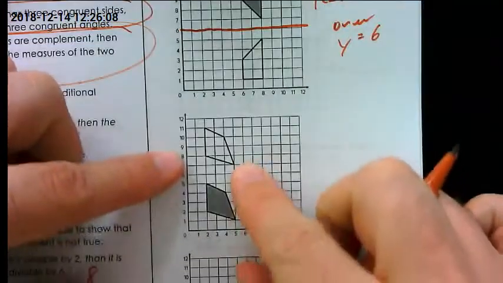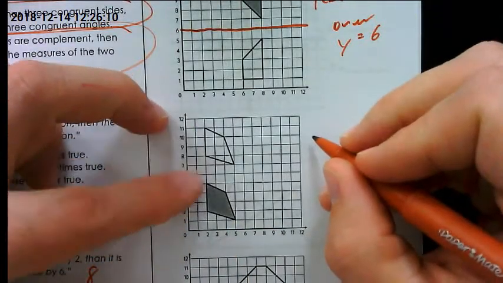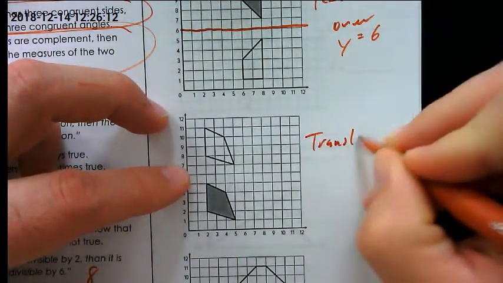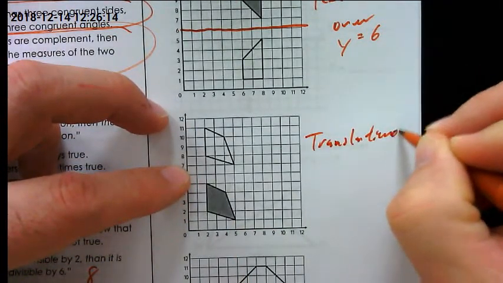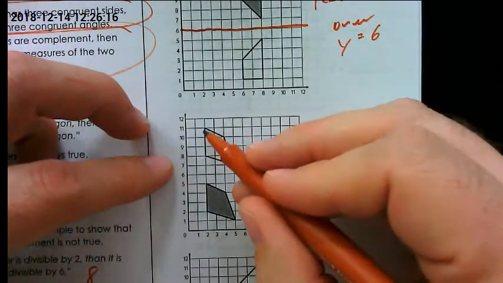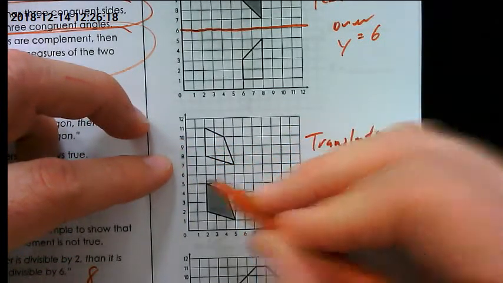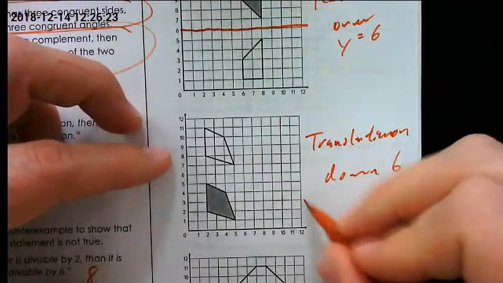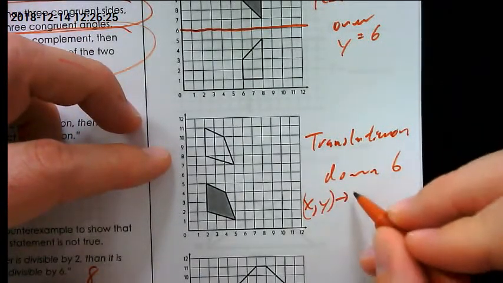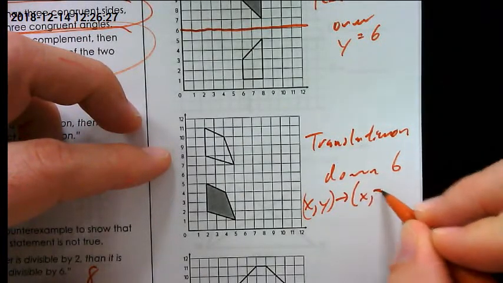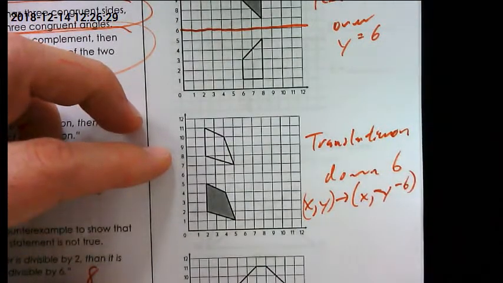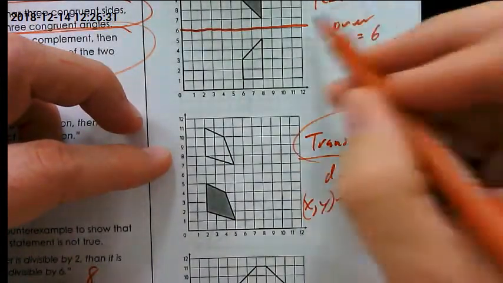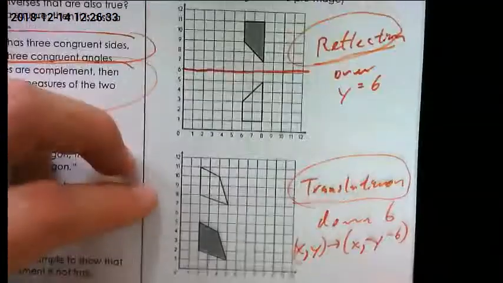On this one, this is just a translation. Translation. If you want to be really specific, it's going down 1, 2, 3, 4, 5, 6. Down 6. Or if you wanted to do the other notation, again, but really, translation is all you need. The first one, reflection, was all you needed.